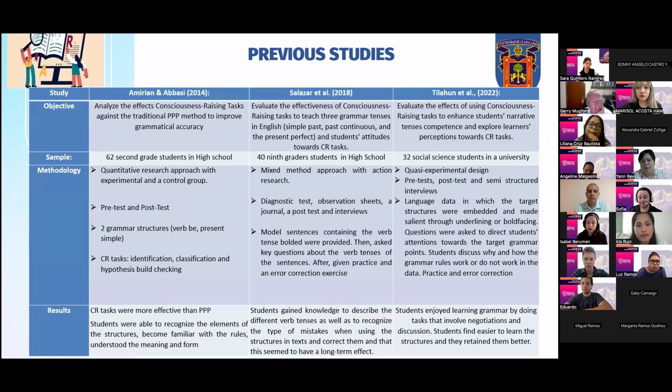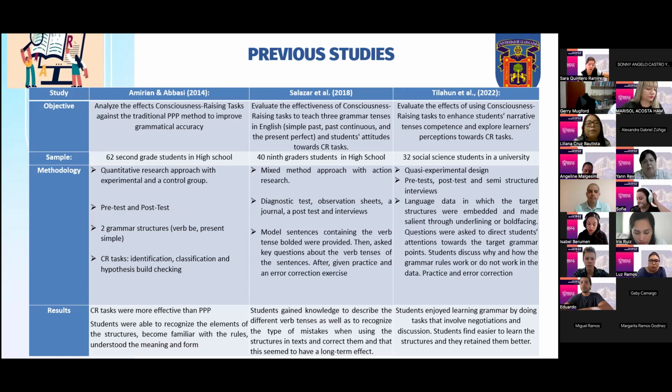The previous studies regarding the teaching of grammar by using consciousness raising tasks are, for example, the first one, which analyzes the effects of consciousness raising tasks against the traditional PPP method to improve grammatical accuracy.